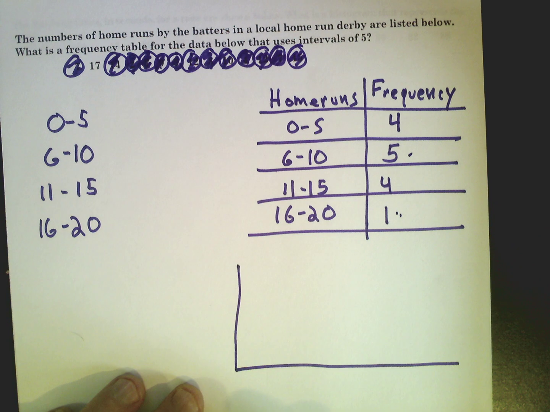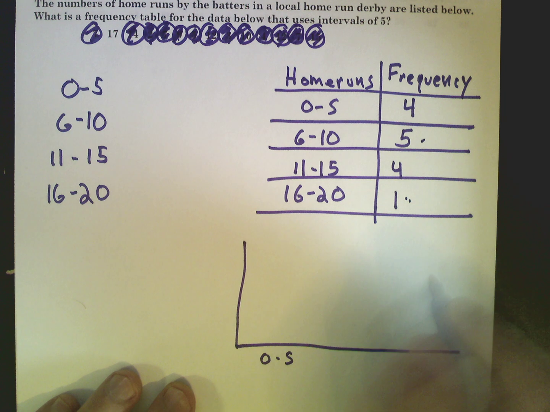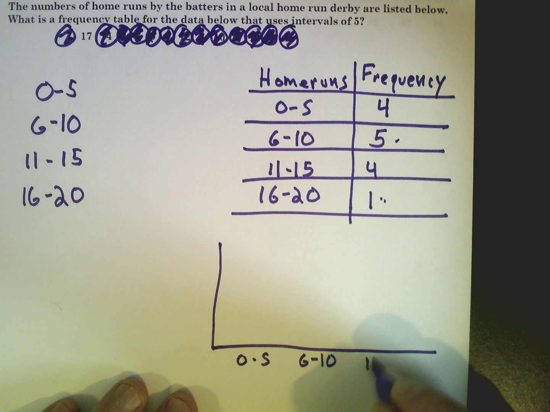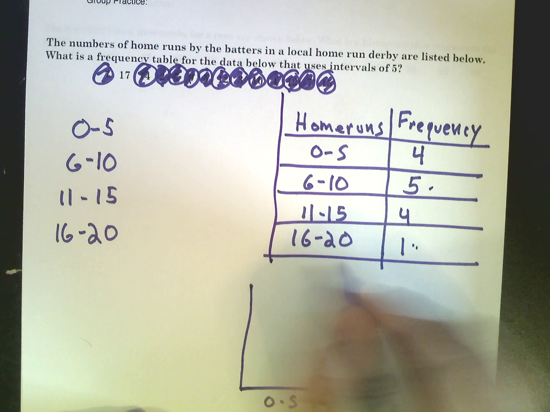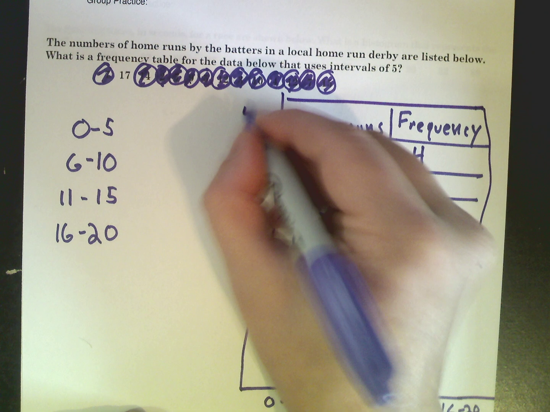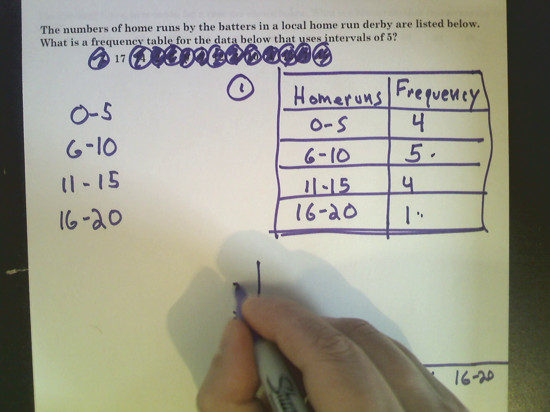Going a little bit ahead, I'm doing a histogram. I would just make my same things over here, right? I would go 0 to 5, 6 to 10, 11 to 15, and 16 to 20. Now, what's nice is you want to make the frequency table before you do a histogram. It makes things easier. Now, they don't want me to do this, but I'm going to do it anyway. So we go 1, 2, 3, 4.